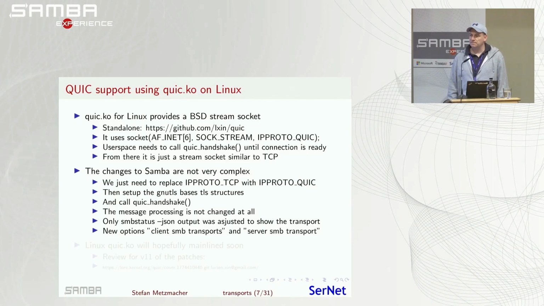The most challenging part was to have the infrastructure to pass down the SMB client transports and server SMB transports down all the stack layers from the higher level down to the low level socket interaction, and also that the SMB status JSON output announces the correct transport.